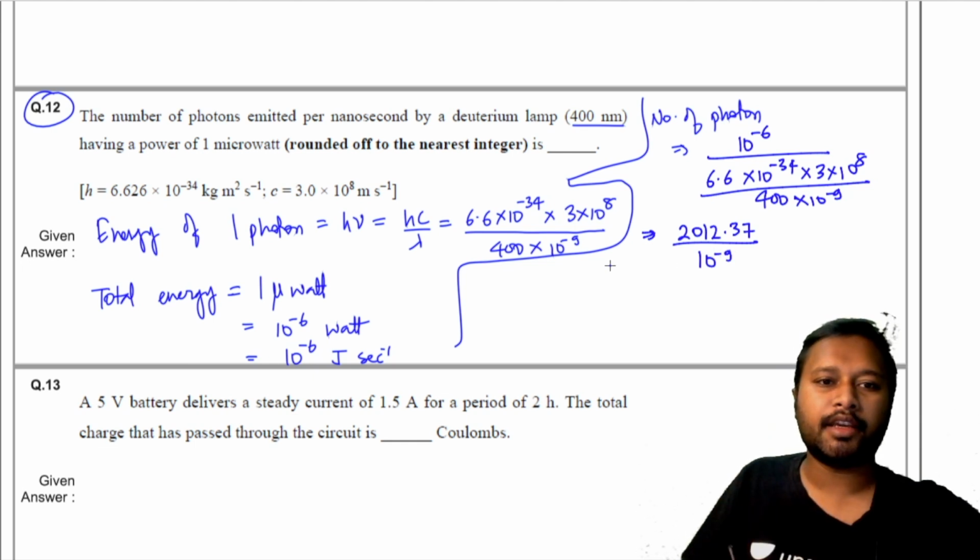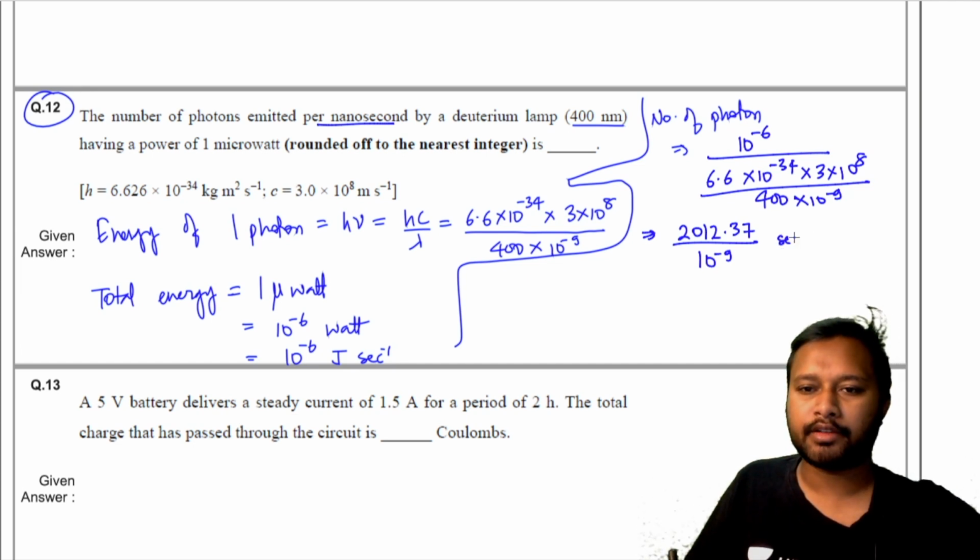Now what they were asking is the number of photons emitted per nanosecond. 10 to the power minus 9 is your nanosecond, right? So this is going to come in photons per second.